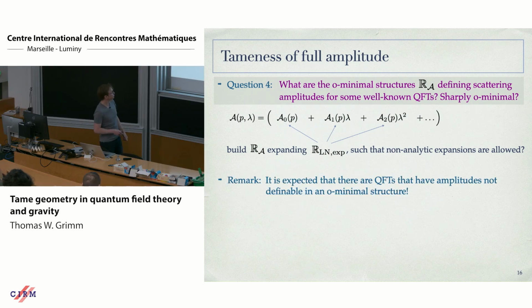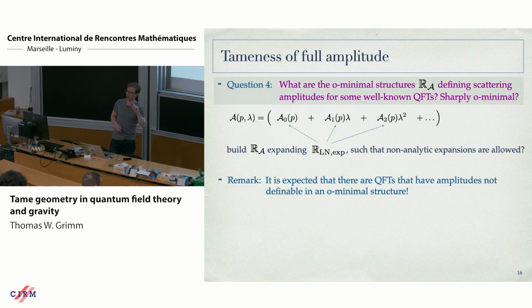Okay. Now I should make an important disclaimer. The important disclaimer is it is not expected that all amplitudes in a QFT, or in any QFT, are definable in an o-minimal structure.